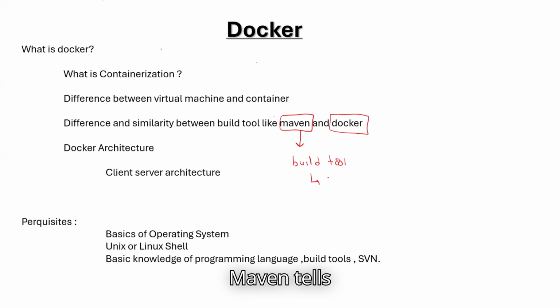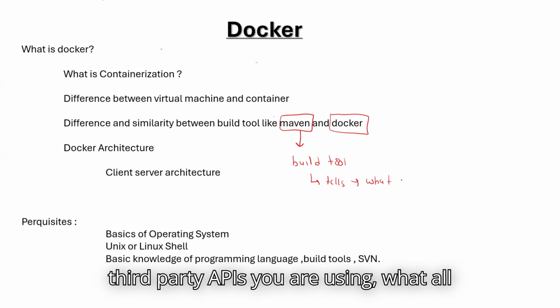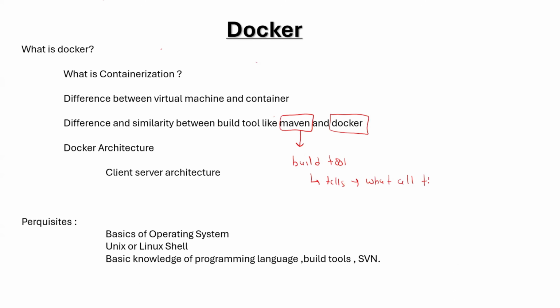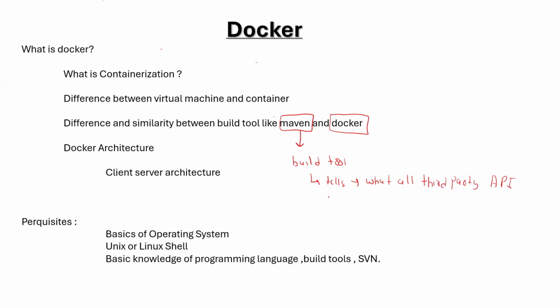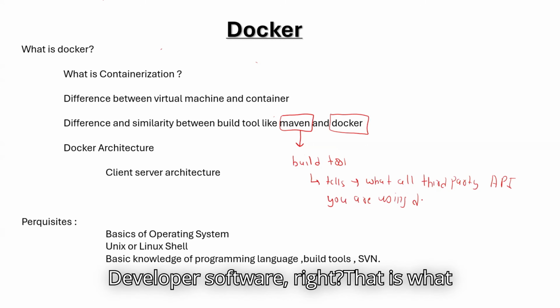Maven tells what all third party APIs you are using to develop a software. That is what Maven is all about.